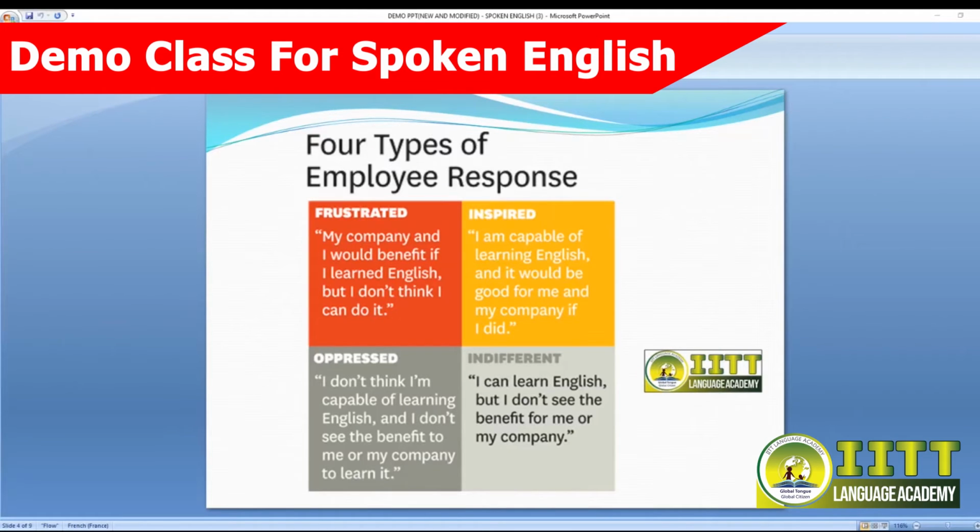So, even after getting jobs, people are constantly in search of a good language course and come to us. Our experience shows us there are 4 types of employee learner responses. Some are very frustrated. Some think that it is not their cup of tea to learn English at a mature age.